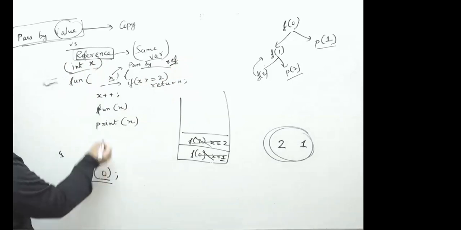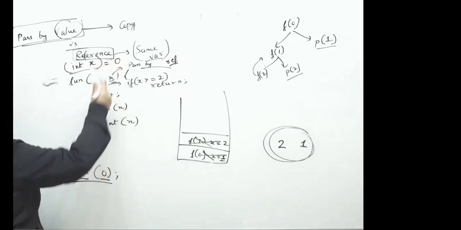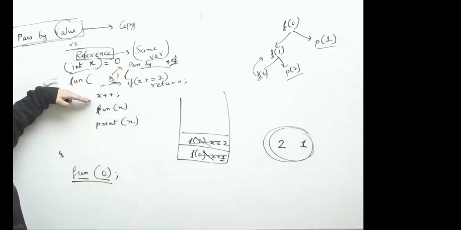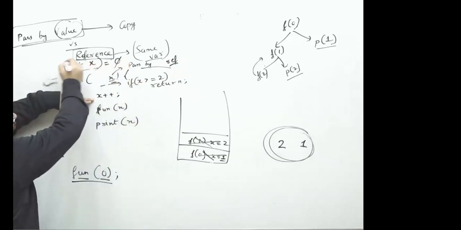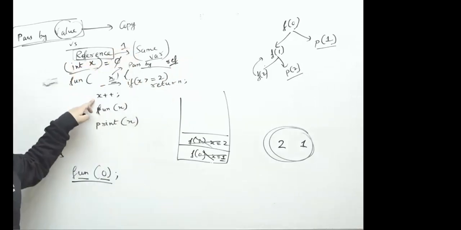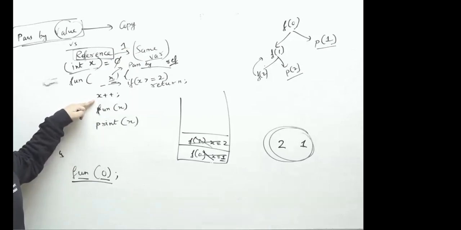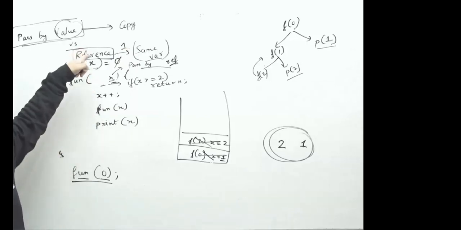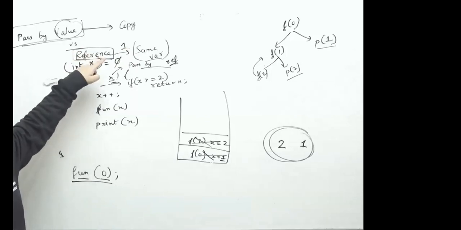I call f of 0, so x becomes 0. I do x plus plus, this becomes 1. Do you all agree with this much? Yes or no? F of 0, as it is a global thing, plus plus, it becomes 1.